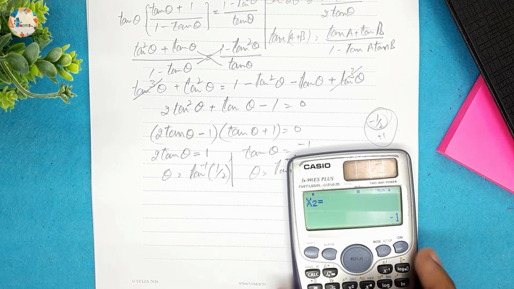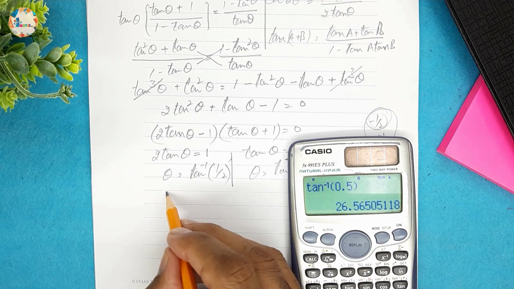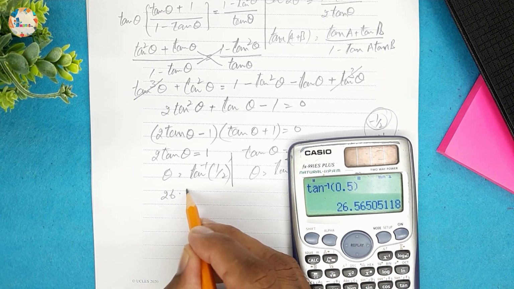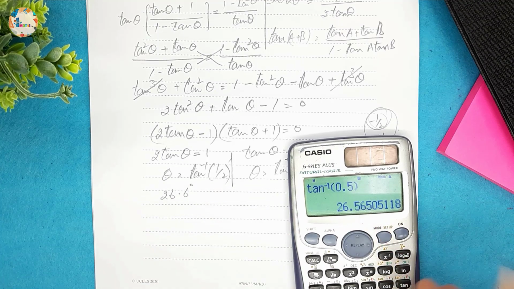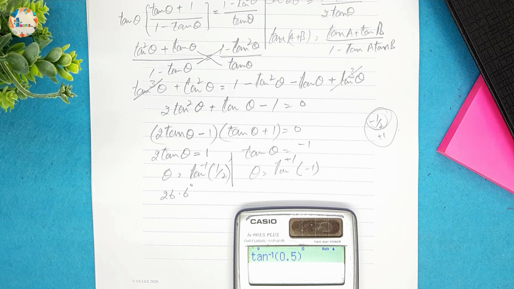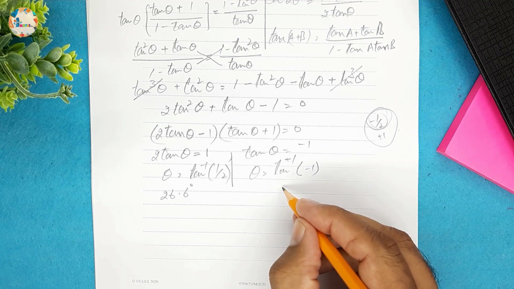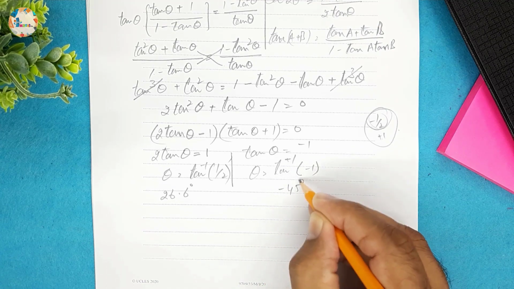So we can check these values, mode 1. So this will be shift tan of 0.5, and this will be 26.6 degrees, rounded to 3 significant figures. If we check for this one, this will be minus 1, and for minus 1, this is resulting to minus 45 degrees.